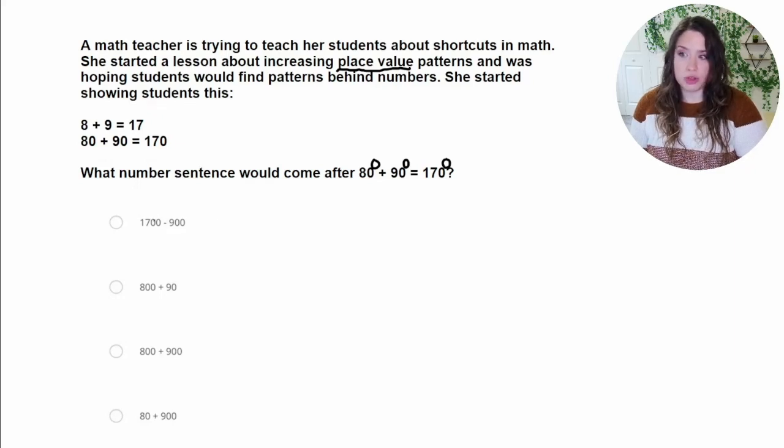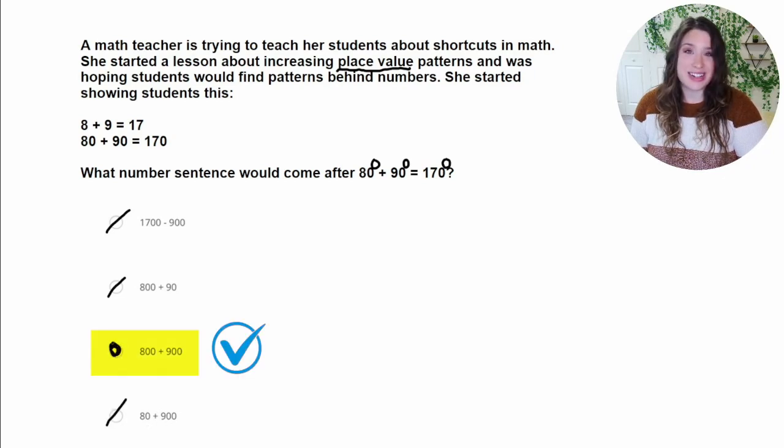We're working with subtraction, which would be a different lesson. Here, you can see that they added the extra zero to the 80, making it 800, but they didn't do the same to the 90, so that would be incorrect. This one, we've added it to both the 80 and the 90, making it 800 and 900. And then just to verify down below, you'll see that they didn't evenly add that extra zero. So the correct answer is 800 plus 900.